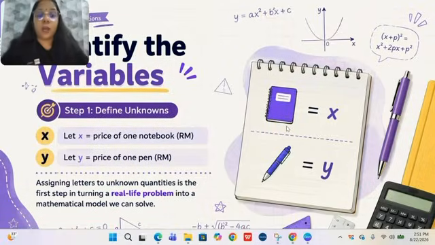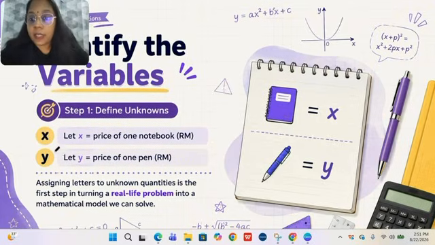Let's slow down here because this is actually an important step. Sometimes when students see a word problem, they jump directly to the calculation. But if we define the variables incorrectly, the following steps also become incorrect. So let's make our definitions clear.